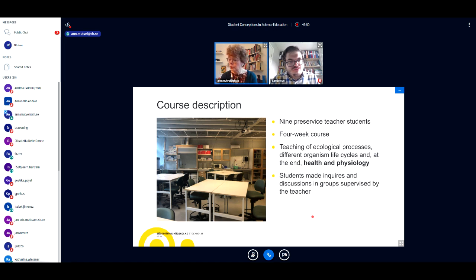At the end of the course, the teaching was about physiology and health. Students were doing inquiries; we were sitting in the lab, and we have these islands of tables where the students are sitting together and making these inquiries and discussions in groups supervised by the teacher.